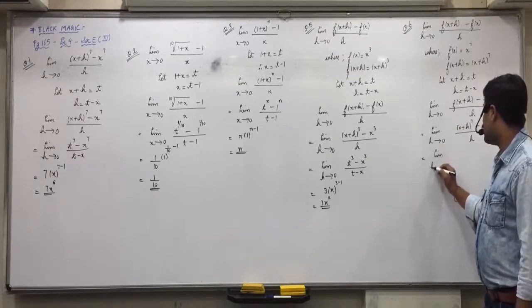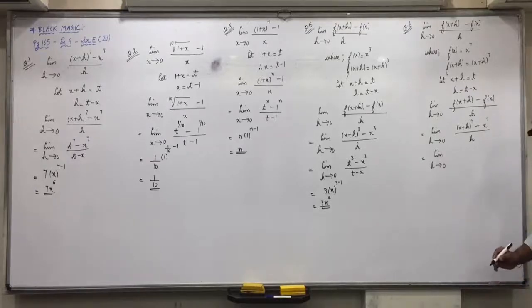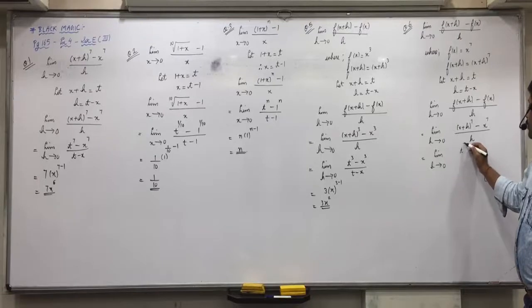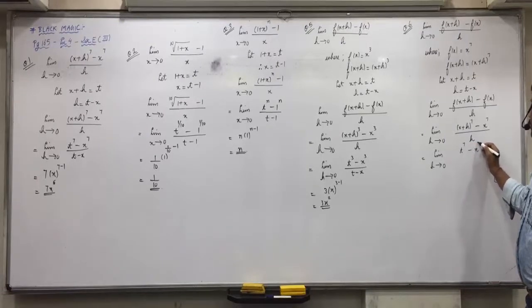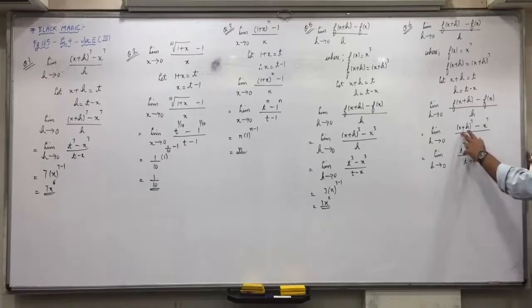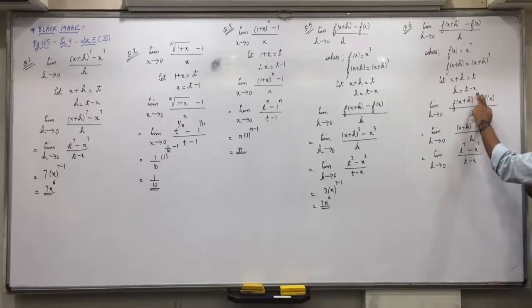Then limit h tends to 0, t raised to 7 minus x raised to 7 upon t minus x. Correct. Now x plus h is given as t, so t raised to 7 minus x raised to 7 as it is, and in place of h we write t minus x. Did everyone understand this?